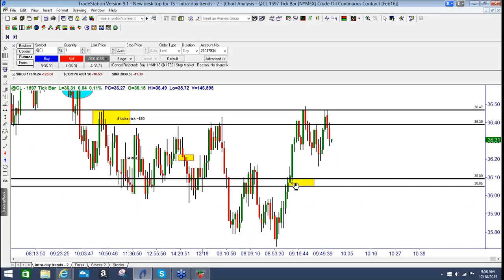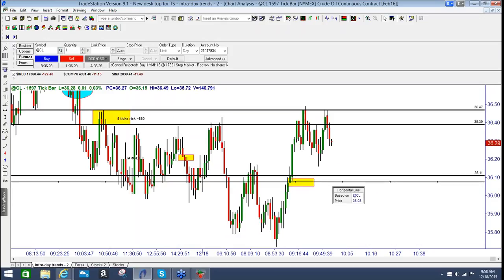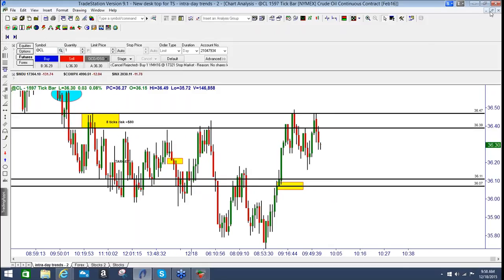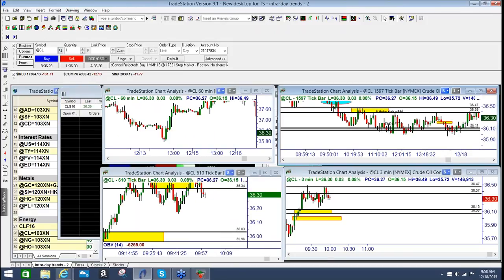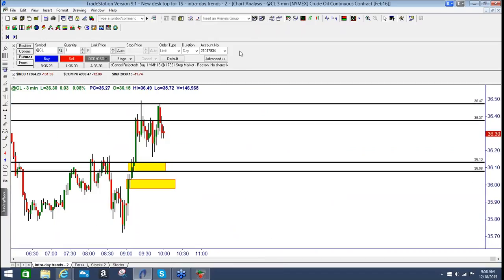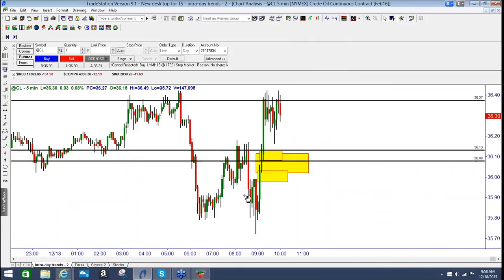Now that yellow box is a nice looking zone on a 987, but on the 1597, this is the zone right here. So now I've got to make a decision, and it's better the less thinking you have to do. The more you have to force a trade, the less likely it is to work out. Let me see if I resolve this into something. 3613. Look at all those boxes I have here.